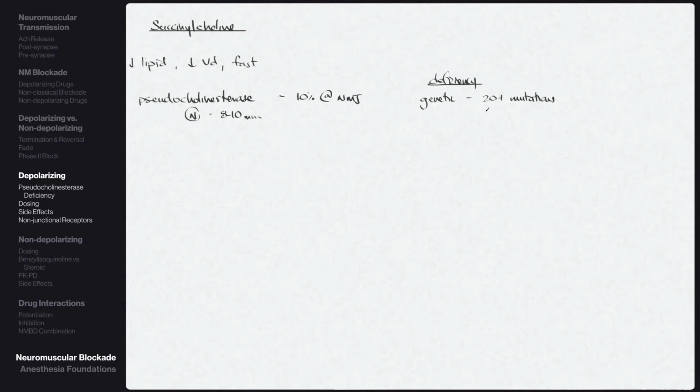The more clinically relevant ones are called AF mutations or a silent mutation. You may have heard of a dibucaine number. Let's try to describe that a little bit more. Dibucaine, or other molecules like chloride or fluoride, are known to potentially inhibit pseudocholinesterase.